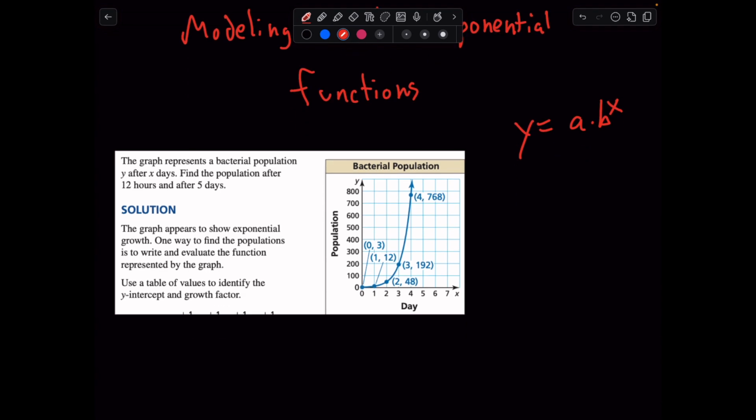So here, we've got a graph that shows us the population of bacteria after X days. It wants to find the population after 12 hours and after 5 days. So first, we've got to find A, our starting amount. Well, right here we have 0 days, which is our starting amount. So that's 3 bacteria. So A is 3.